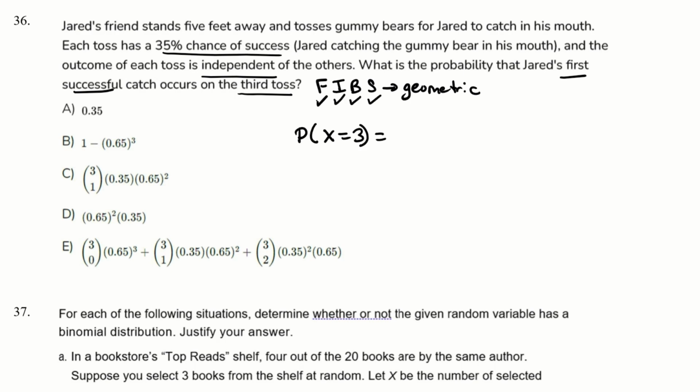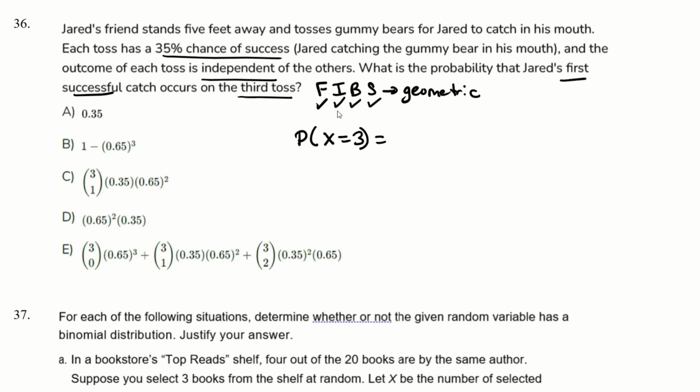Remember, the formula is 1 minus P raised to the X minus 1 power, times P. So P is 0.35, so we have 0.65 raised to the 2nd power times 0.35, and that's it. And this formula, by the way, is given in the AP formula sheet, so you don't have to memorize it. So the answer is D.